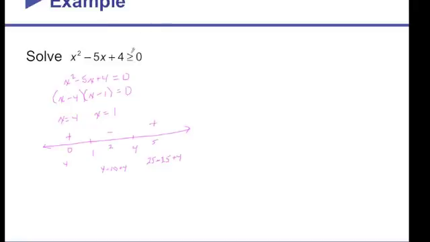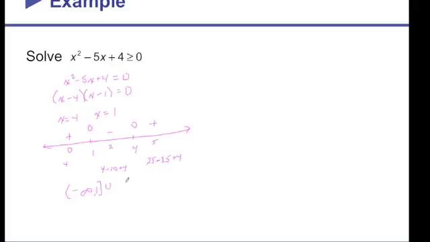What do I want? I want it to be greater than or equal to 0. Well, at 1 and 4, it was 0. Sometimes it's helpful to fill those in. So when is it greater than or equal to 0? This section from negative infinity to 1, and we want the 1.